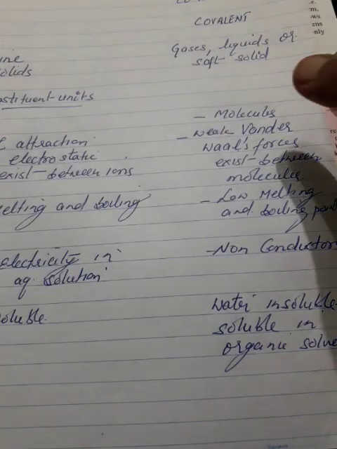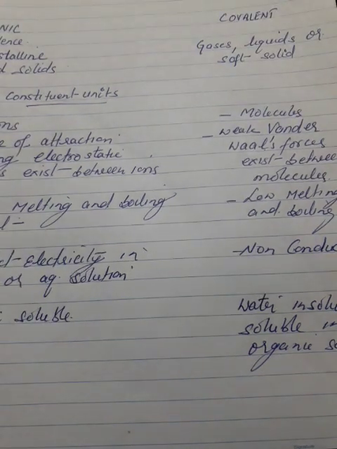Then ionic compounds are non-volatile, whereas covalent compounds are volatile. Melting point and boiling point: an ionic compound will have a high melting point and high boiling point due to very strong electrostatic forces of attraction, whereas a covalent compound will have low melting and boiling points due to weak forces of attraction.